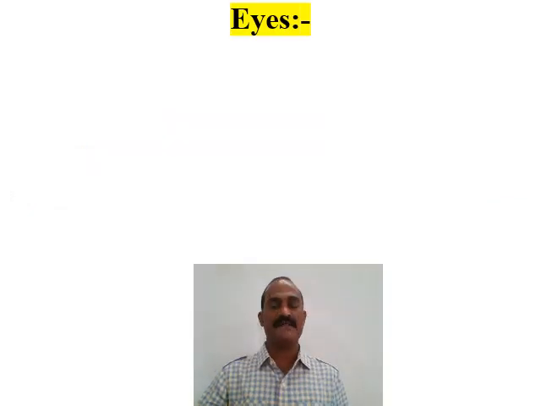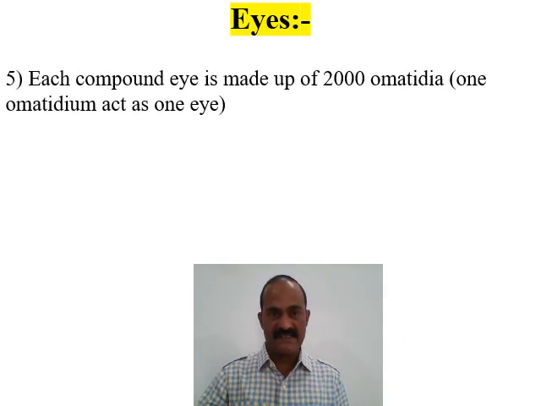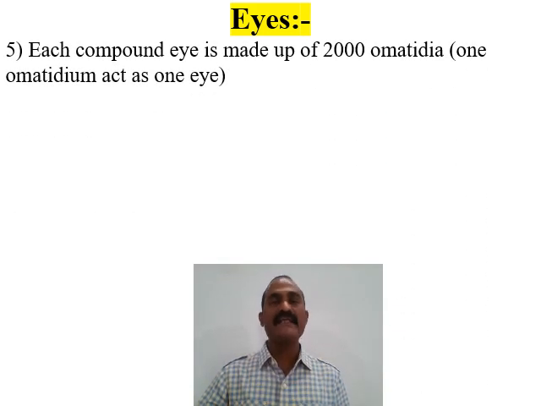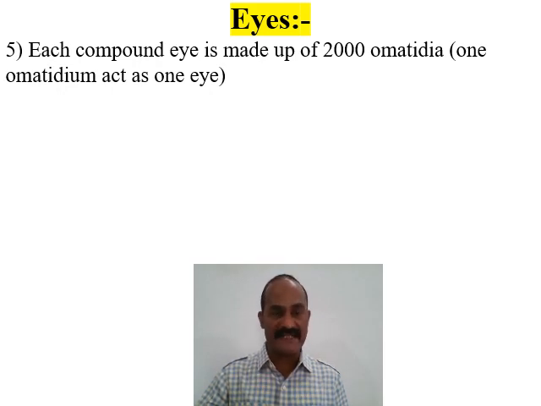Now if you observe the sensory organs of the cockroaches, obviously first we'll talk about the eyes. Eyes in cockroaches are compound eyes, and they are actually made up of a large number of smaller simple eyes that are called ommatidia. In case of cockroach, a single compound eye is made up of around 2000 smaller simple eyes called ommatidia.